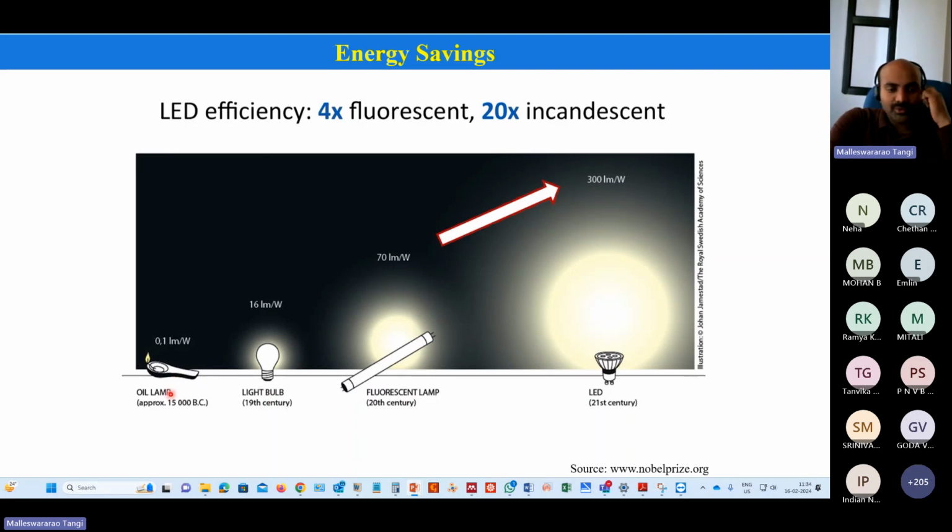Initially, we used oil lamps, which have very little luminescence per watt compared to LED. You can see the Thomas Alva Edison bulb or fluorescent lamps. They have a way lower luminescence per watt, and LED is much cheaper and energy efficient as well.